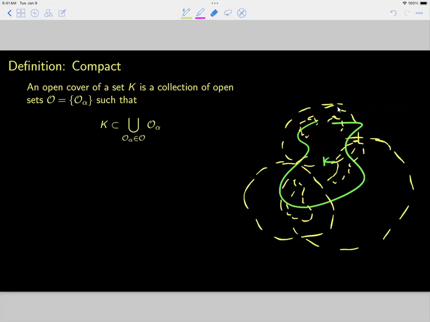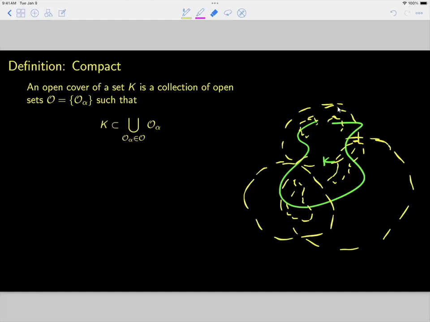Once you have an open cover, you can add more open sets and it would still be an open cover. So open covers are not unique. A set can have lots of open covers. But an open cover is just a way of covering a set that may be open, may be closed, may be neither, with open sets.